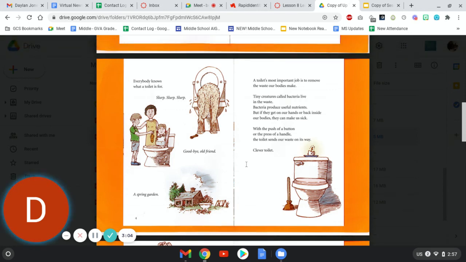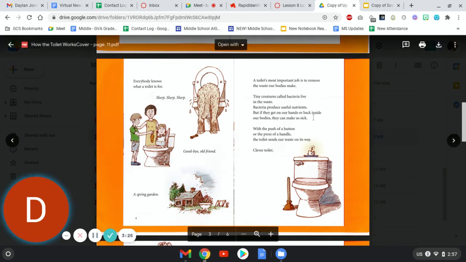I see repeated words or phrases such as the word waste. I see waste right here, waste up here, and waste again over here. So waste is an important word. And I also see the word bacteria repeated a couple times.